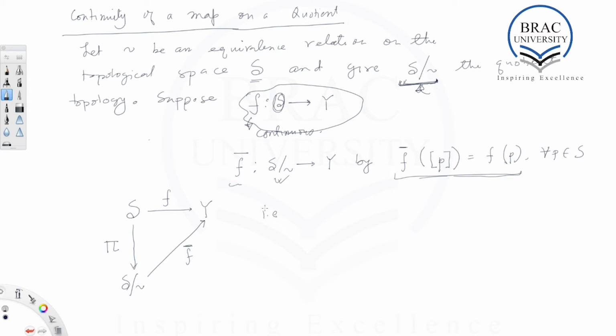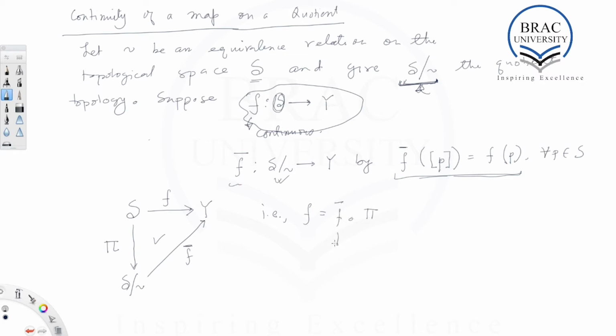That is, we want f to be equal to, so you can go from S to Y via two paths. One directly from S to Y, and the other one via this quotient space. And they should be the same according to the commutativity of this diagram. So it means that f is equal to f bar composed with pi.